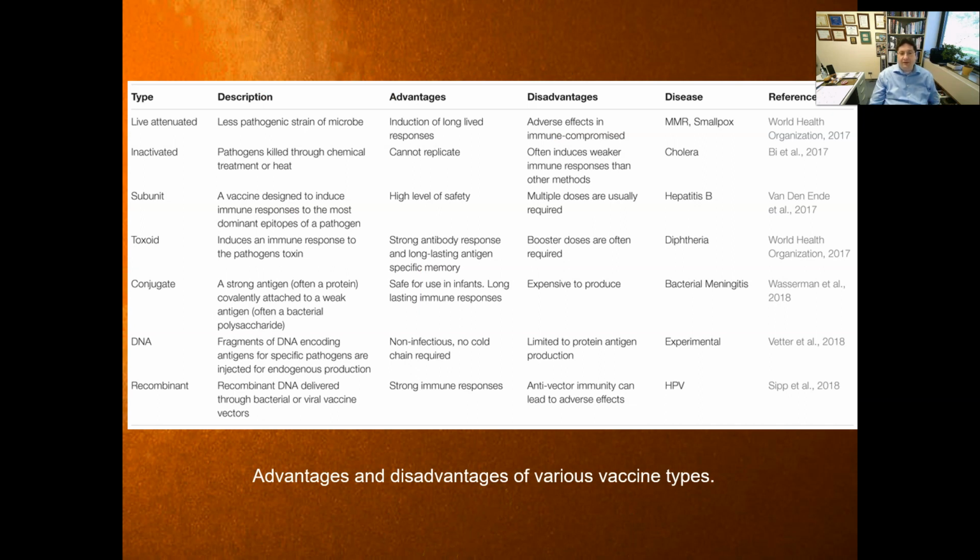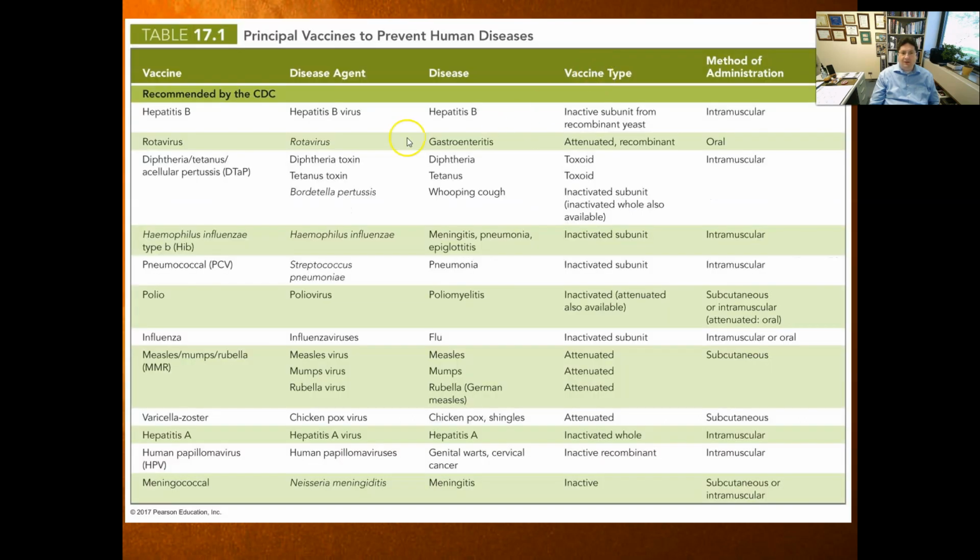Now, this diagram here shows some of the different types of vaccines, a description, advantages, disadvantages, and examples of diseases that use them. Here are again principal vaccines to prevent human disease recommended by the CDC.